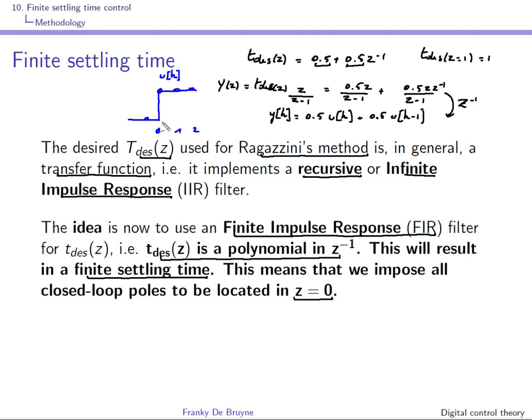So I'll give it here in red. So what we'll have here in k is equal to 0, I'll have 0.5, and in k is equal to 1, I'll have 1, right? So the response will be like this. So you see here that you have indeed a finite settling time if you choose now a desired behavior that is described by a polynomial in z minus 1.